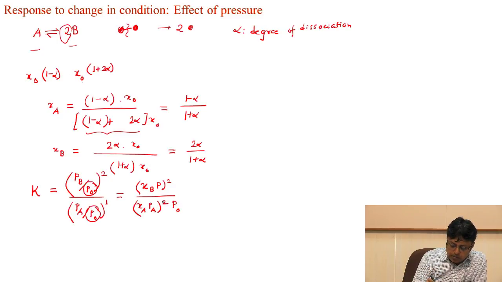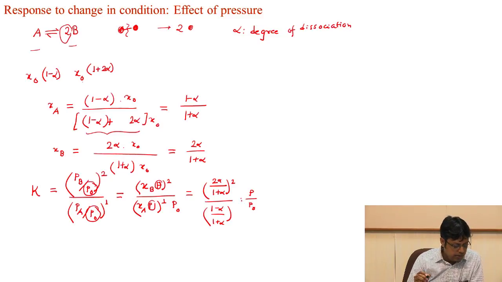XB we already calculated: it is 2 alpha divided by 1 plus alpha, squared, and XA is 1 minus alpha divided by 1 plus alpha. Just like P0, we have the total pressure: P squared here and P here, so there will be a P overall, times P by P0.